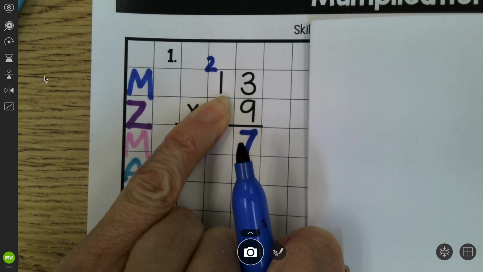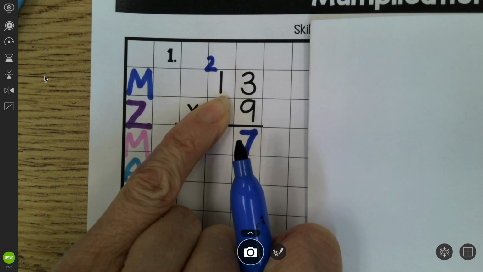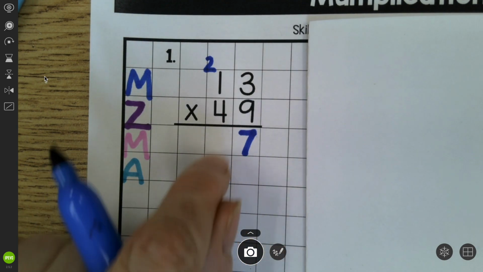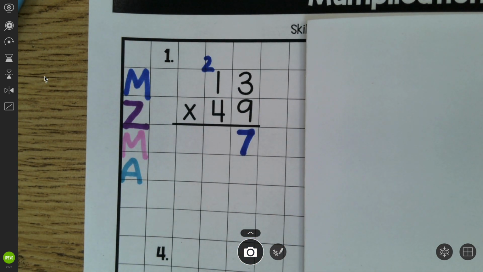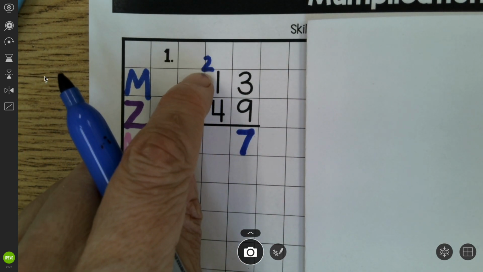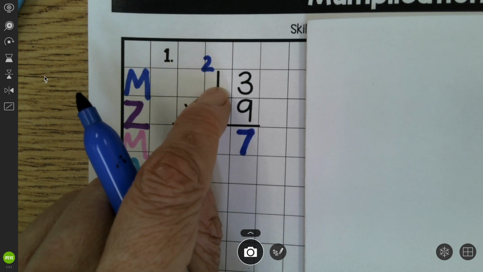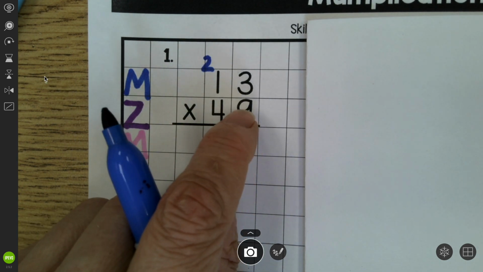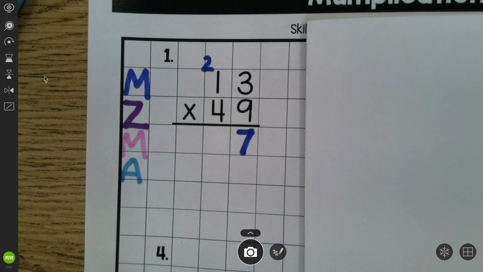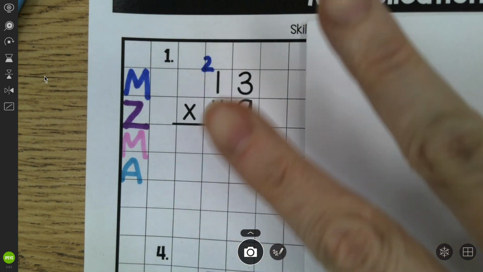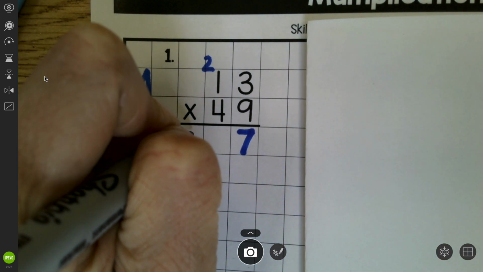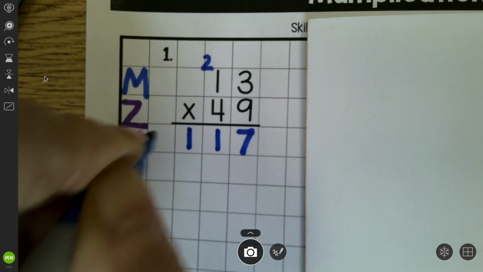We need to multiply using the tens place. So 9 times 1. 9 times 1 is 9. Anything multiplied by 1 stays the same. But we can't forget about the 2 that we carried. We're going to add that on. So 9 times 1 is 9 plus 2. I'm going to put a 9 in my head and count up 2 with my fingers. 9, 10, 11. And the 11 goes down below.